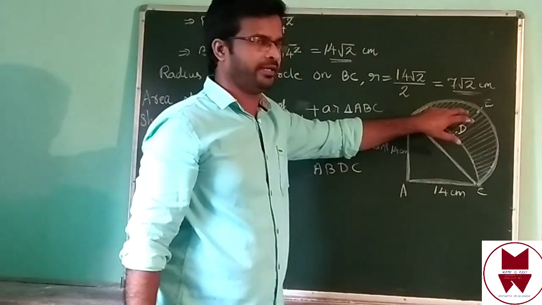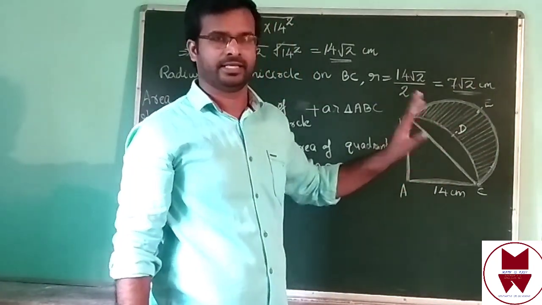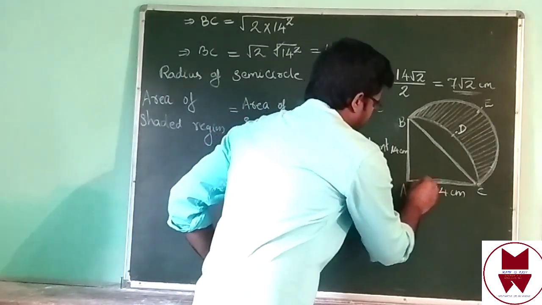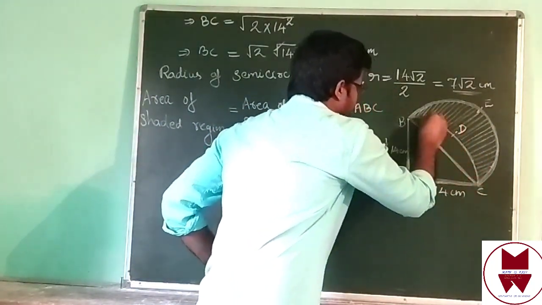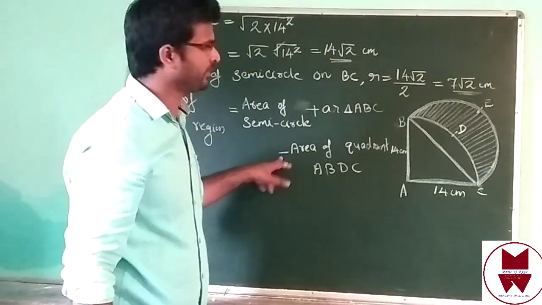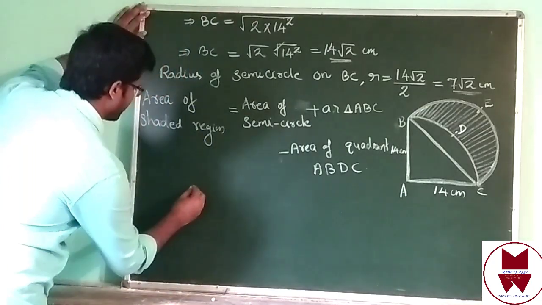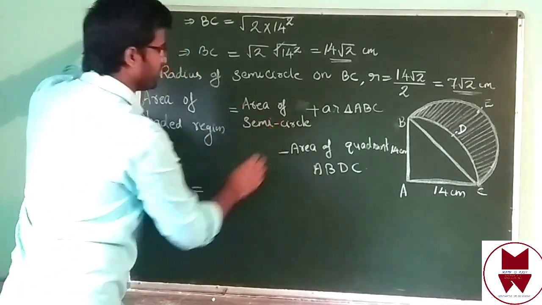If you add the area of the semicircle and this triangle, we will get the total area, isn't it? Then this part, the area of the quadrant, is not shaded, that's why we subtract that region. Then the remaining part will be the area of the shaded region equals area of semicircle.